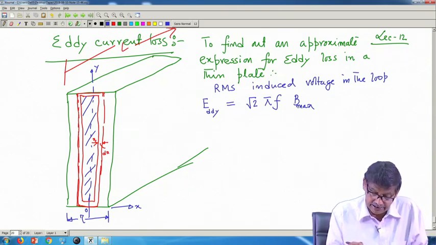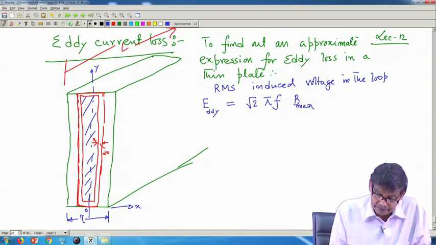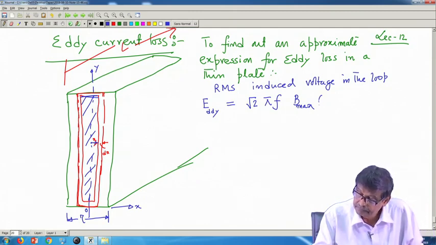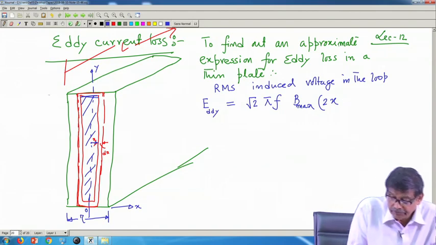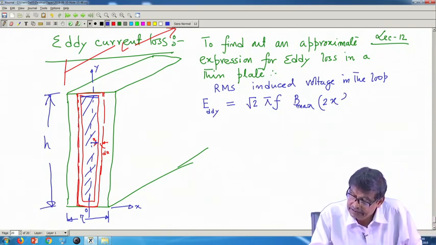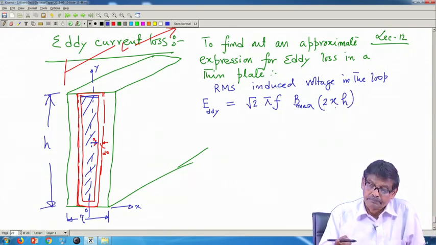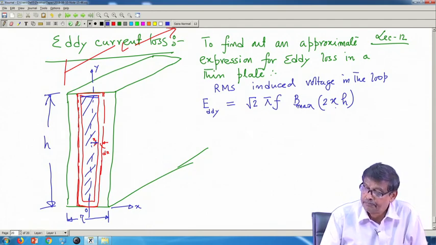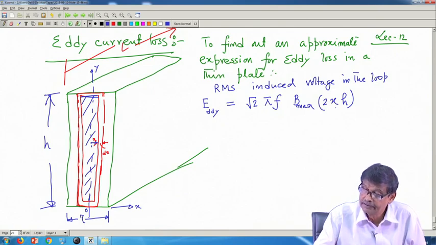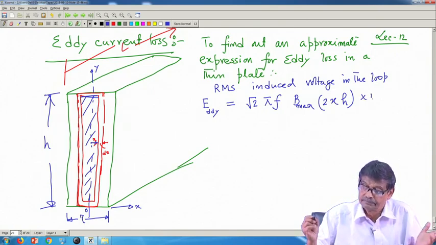What is that area? This is 2x, at a distance x I have taken. So, 2x into, suppose this is the height, I just call it h, into h. So, root 2 pi f B max into 2x into h, it is phi max into number of turns, that is 1.